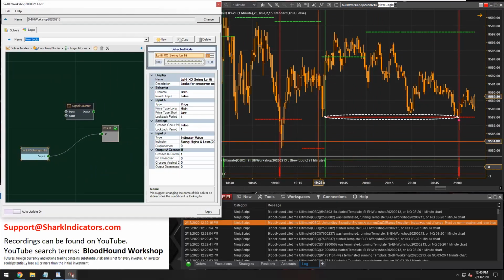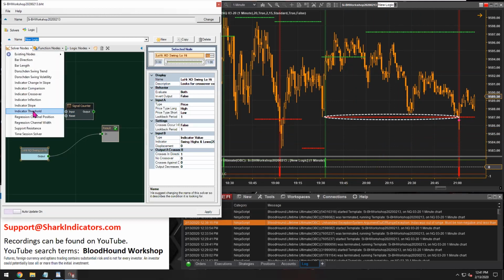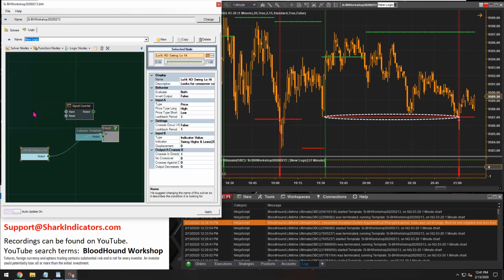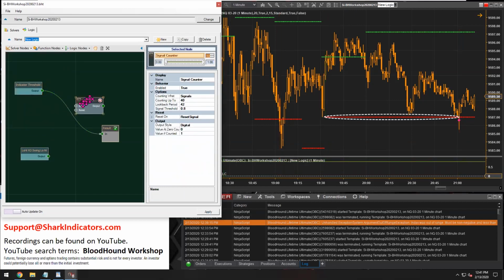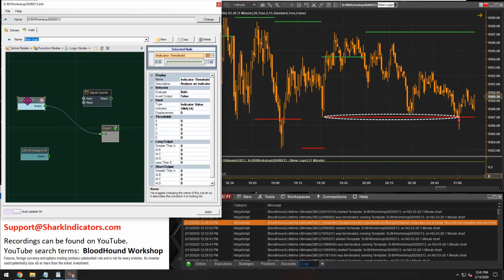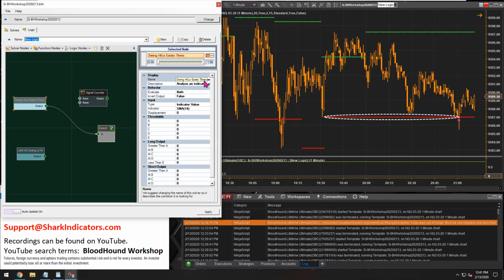Let's see. So now we need to count the swing. I'm going to use a threshold solver for this. Basically, I'm going to use the threshold solver to just identify that a swing high or a swing low plot exists.